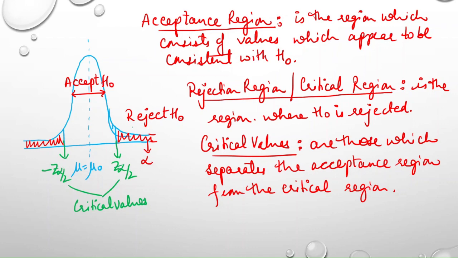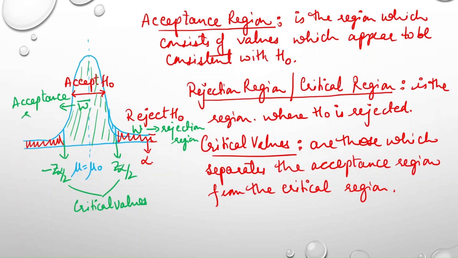So the alpha and beta, according to the region, if I consider W to be my rejection region, and W dash, the whole area, the complement of W, becomes my acceptance region. Then what would be my definitions for the alpha error and beta error?